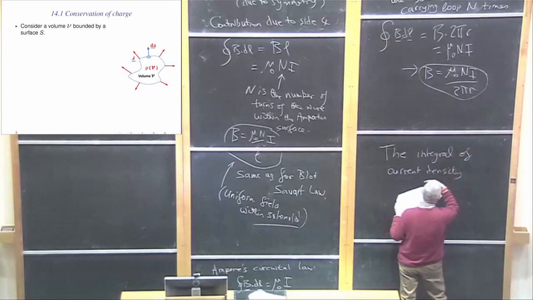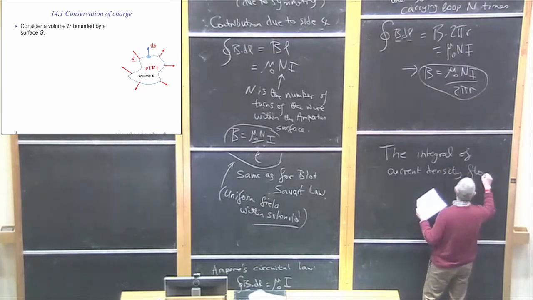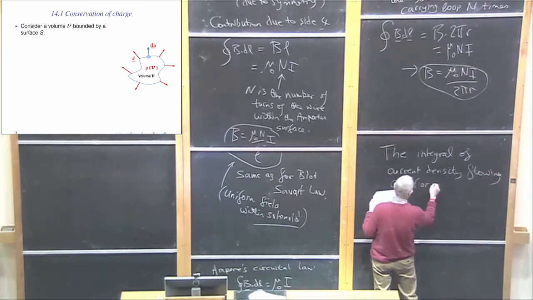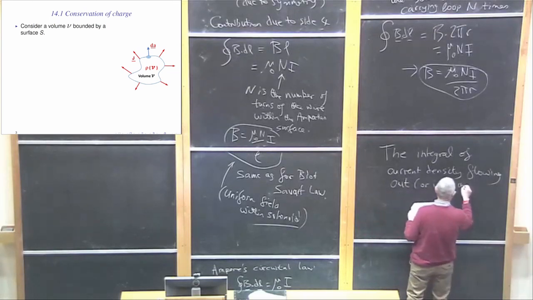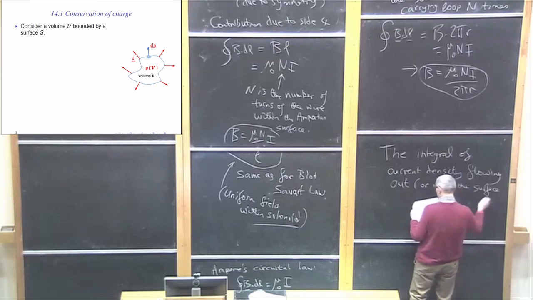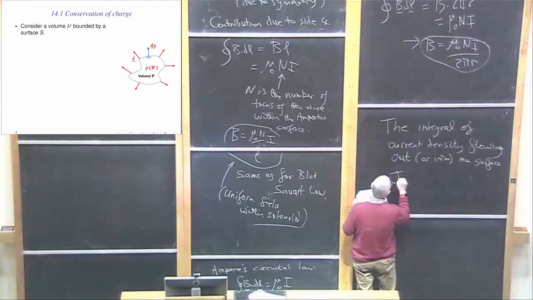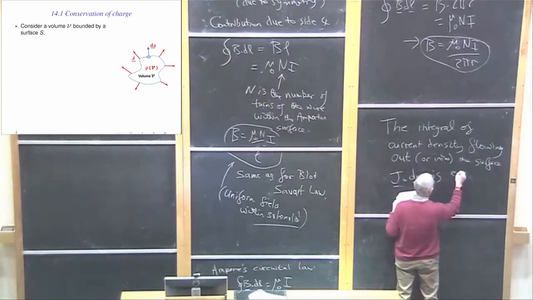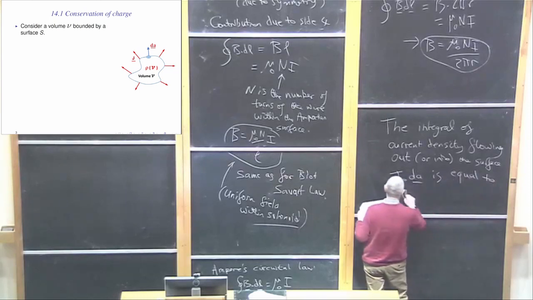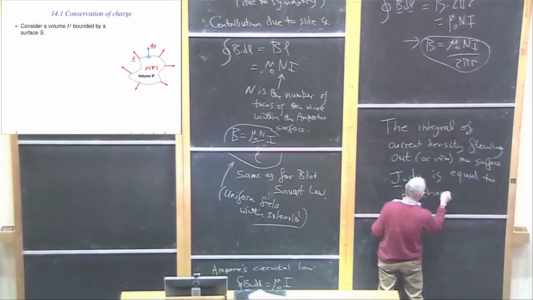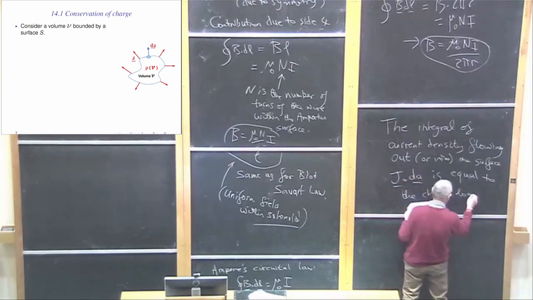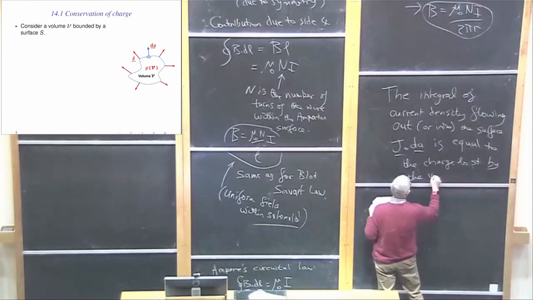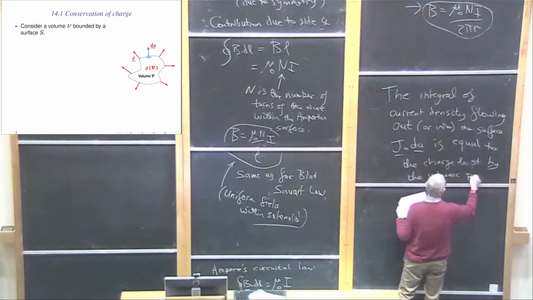If I sum up the current density flowing out of, or into, the surface, J dot dA is equal to the charge lost from the volume per unit time.